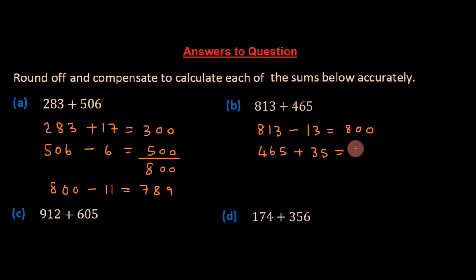And we get 500. So our estimate will be 800 plus 500, 1,300. In this case, we rounded up by 35 minus 13, in other words 22, more than we rounded down. So once again, we have to subtract 22 from 1,300, and that's going to give us 1,278.